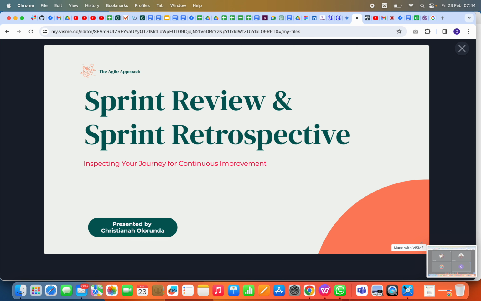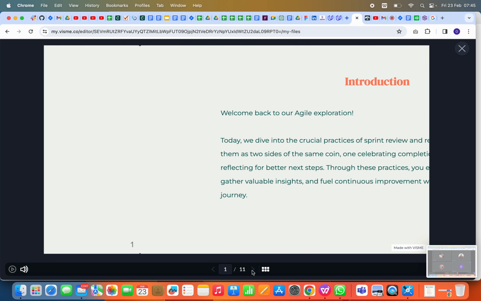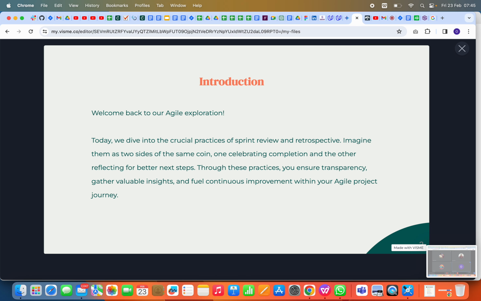So for the sprint review and sprint retrospective, let's dive into it. I'm welcoming you back to our Agile Exploration. Today we dive into the crucial practices of sprint review and retrospective. Imagine these two terms as two sides of the same coin, one celebrating completion and the other reflecting for a better next step.